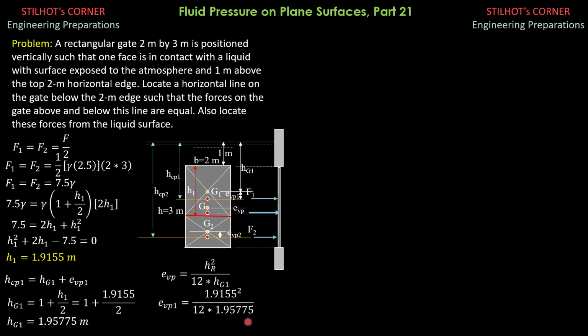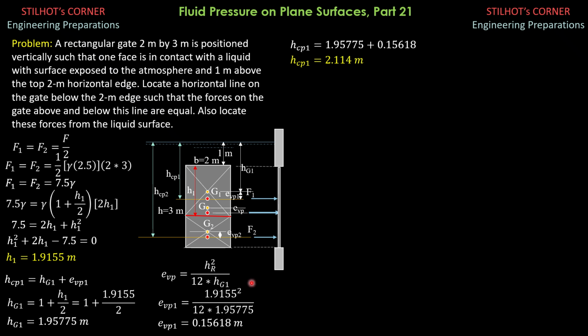So EVP1 equals 0.15618 meters. We can now compute H sub CP1. H sub CP1 equals 1.95775 plus 0.15618. So H sub CP1 is 2.114 meters.